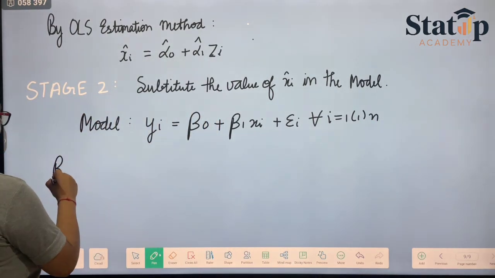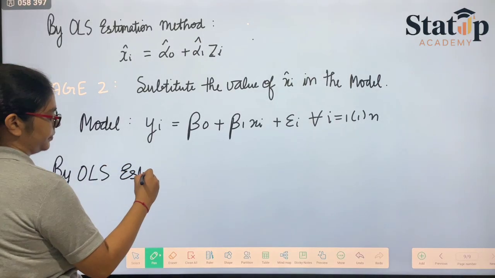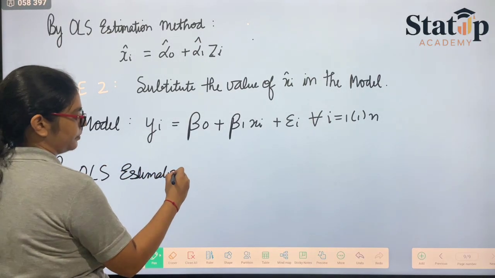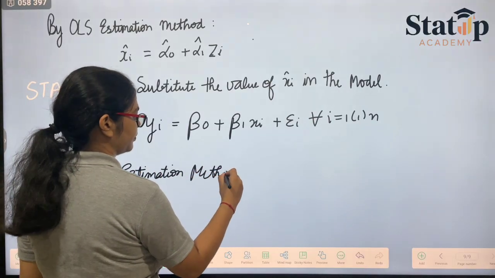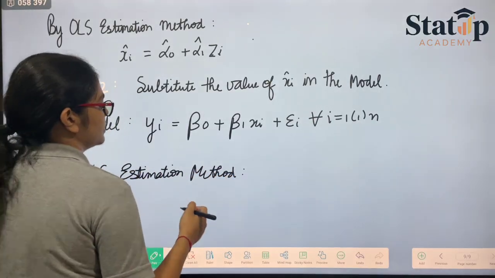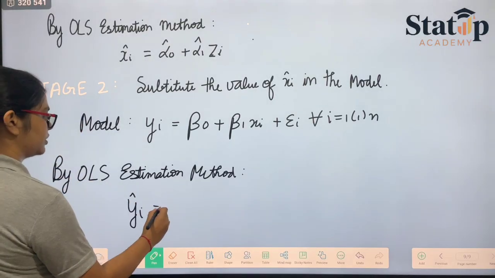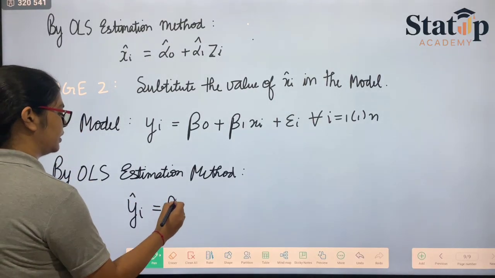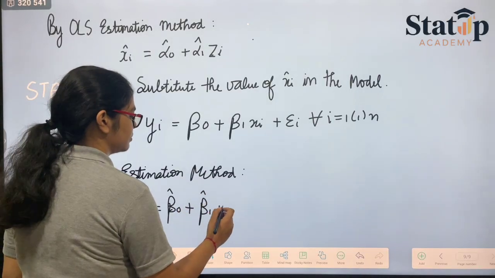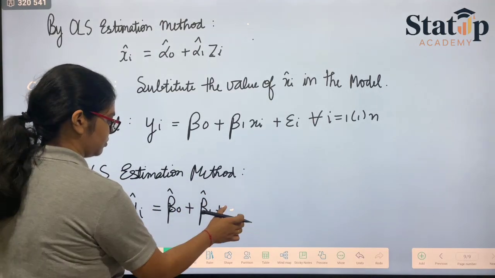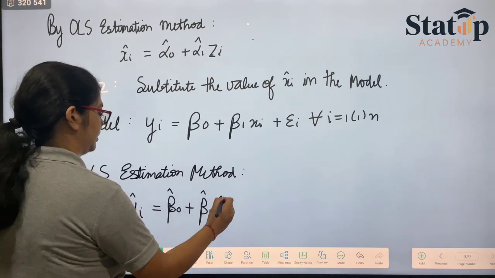Firstly, we will apply the OLS estimation method, and we will get the predicted value of yi, which is nothing but β0 cap plus β1 cap into xi cap.